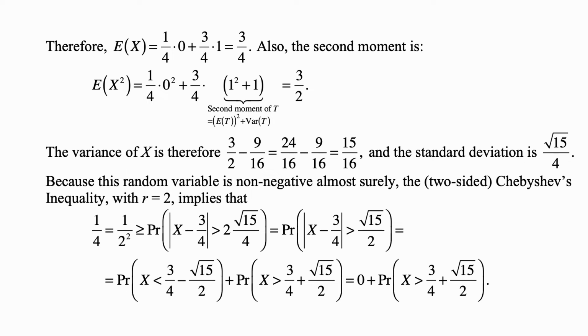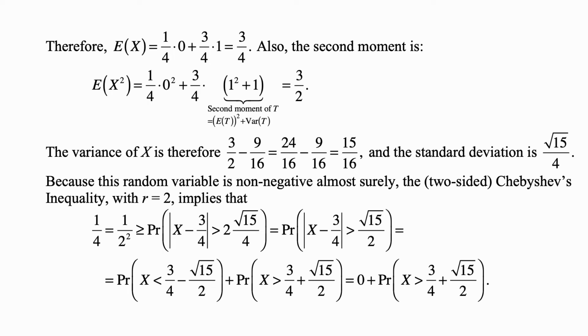Well, the first probability is 0 because this random variable is non-negative, and that number 3/4 minus square root of 15 over 2 is negative. Plus the probability that x is more than 3/4 plus square root of 15 over 2.